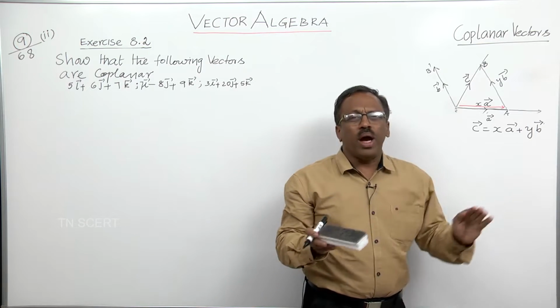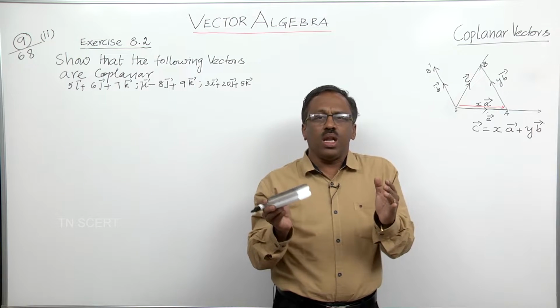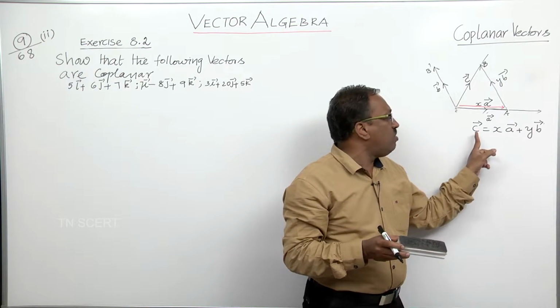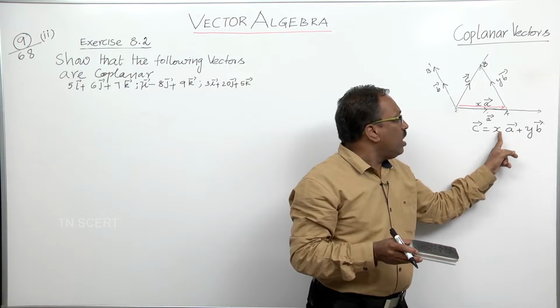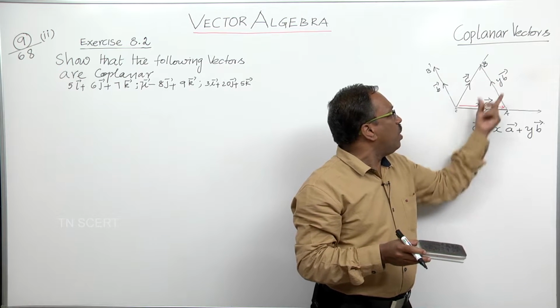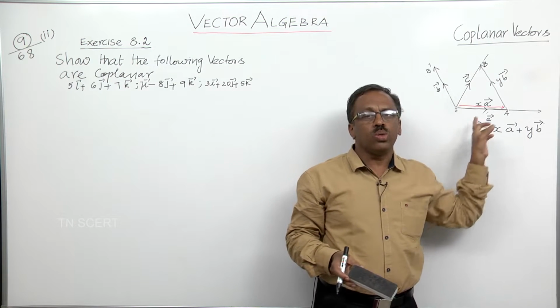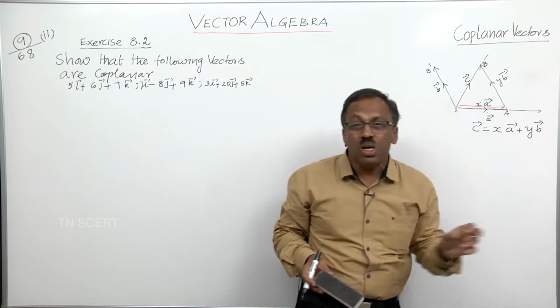You might have learned about this in detail in class, but I recall it in such a way that C vector, the representation of OB, is OA plus AB. OA is XA vector, AB is YB vector. So the result is C vector is equal to XA vector plus YB vector.